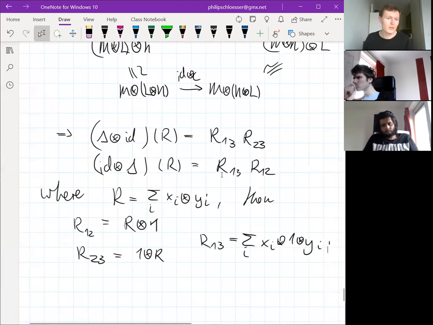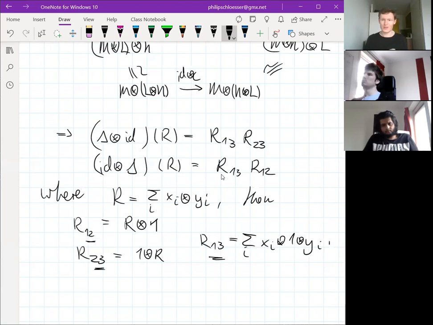Those are what I call R12, R13, and R23, basically because the first two tensor components are mapped to the first two, the last two, or the first and the third tensor component there.